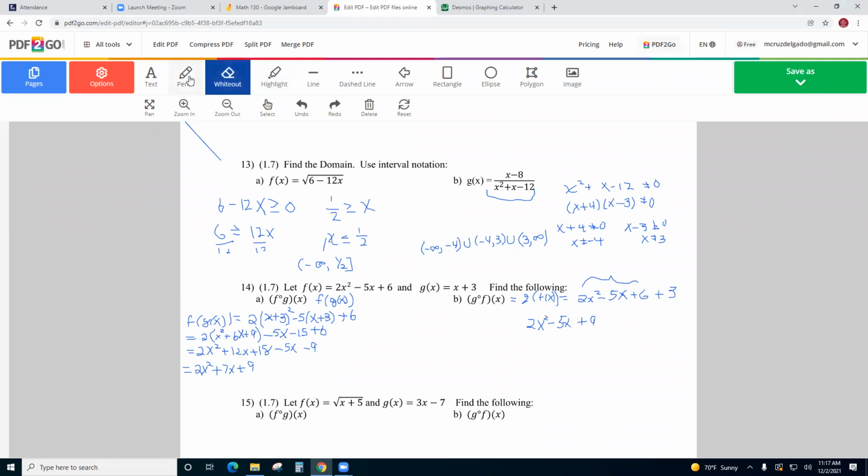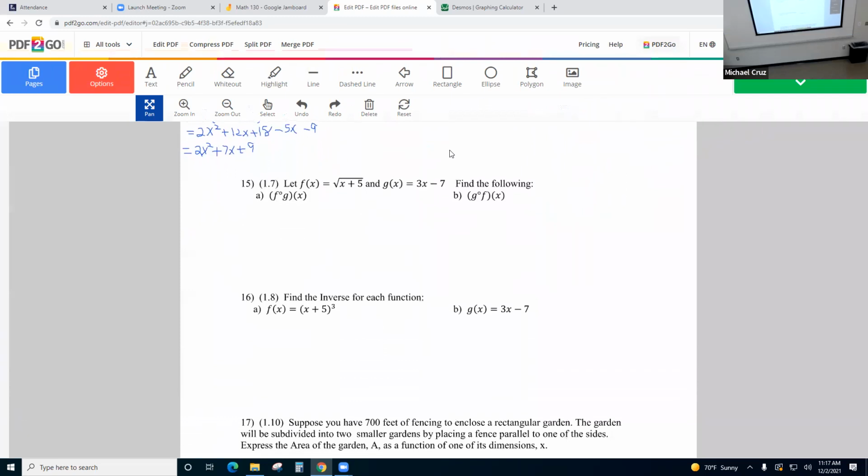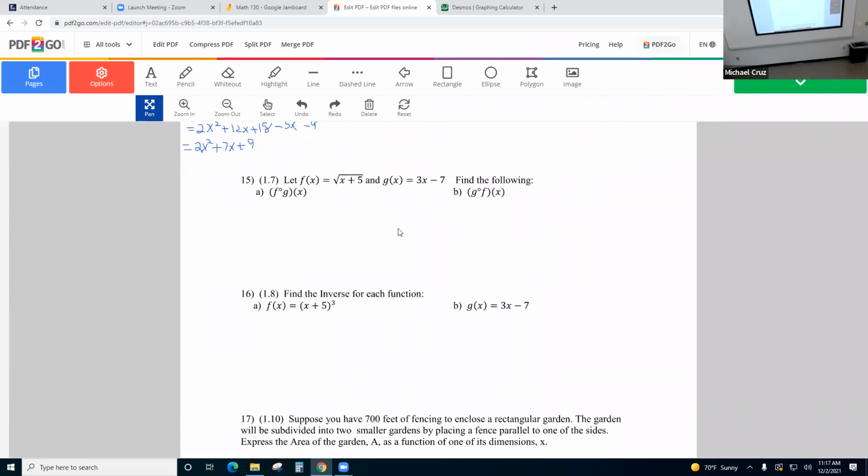All right, now I want to see another pair of these. That's essentially the same thing. So would B just be the 3 in the front, then the square root of x plus 5, minus 7? Yeah, but let's just set it up. So it's g of f of x.